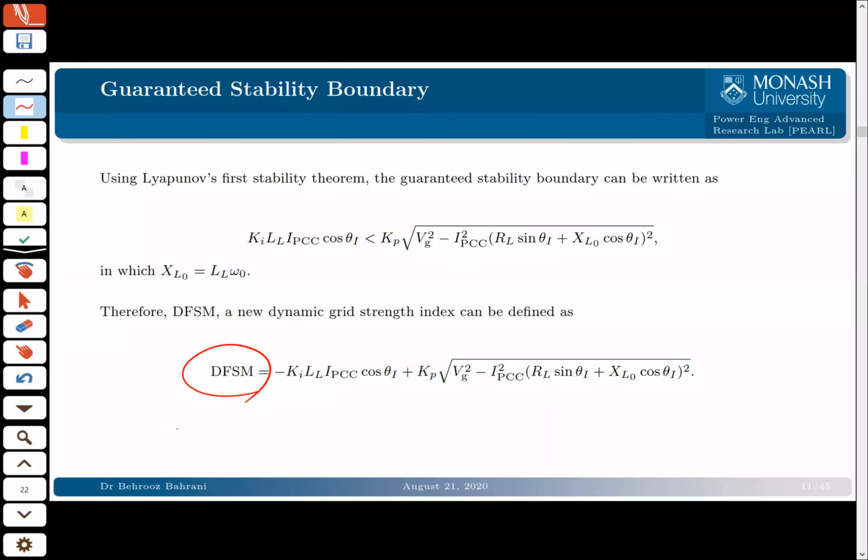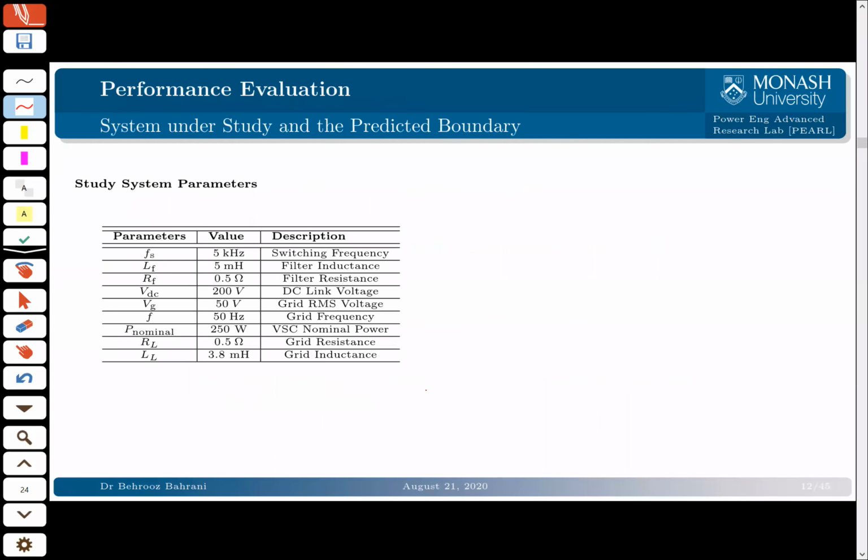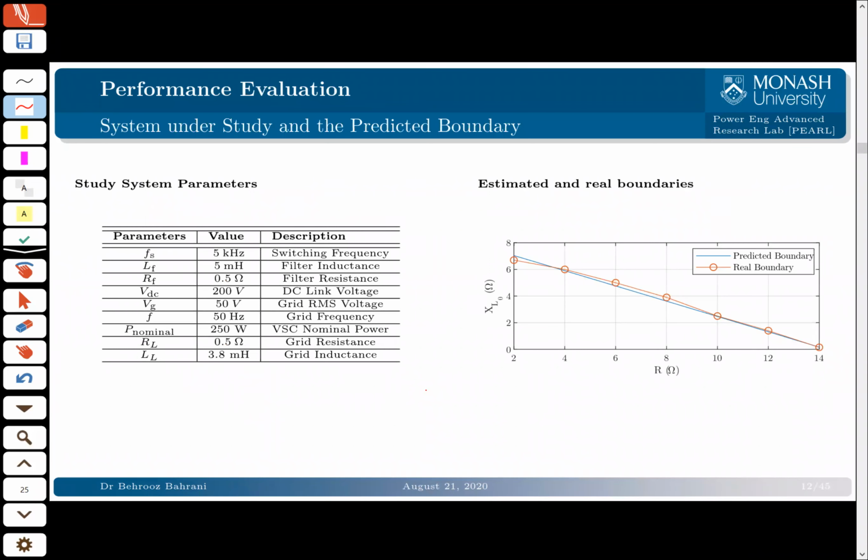This DFSM can be written as this relationship here, and if it is positive, it means that your system is stable. So we tested this for a system, and for these particular values here, the predicted boundary is this blue line. This is what we predicted with our DFSM.